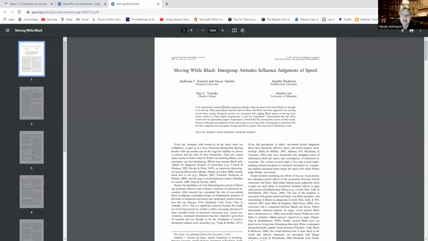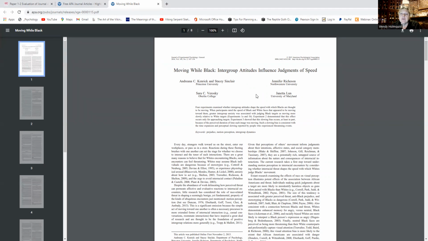Four experiments examined whether intergroup attitudes shape the speed with which Blacks are thought to be moving. When participants rated the speed of Black and white faces that appeared to be moving toward them, greater intergroup anxiety was associated with judging Black targets as moving more slowly relative to white targets. Experiment 2 demonstrated that this effect occurs only for approaching targets.